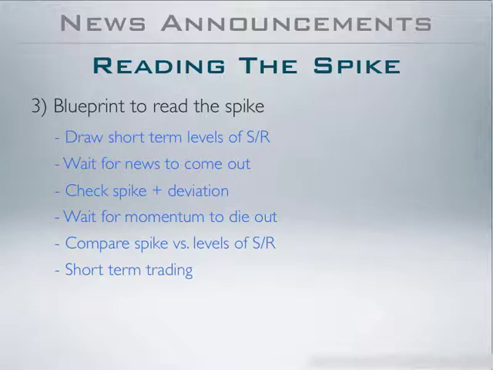Please remember that we were marking those levels of support and resistance on multiple currency pairs, on all those currency pairs related to the particular currency the news announcement was scheduled for. So we are going to analyze the spike on all those different charts, and then we are going to see whether the news spike came to retest any of those levels on any of those currency pairs.